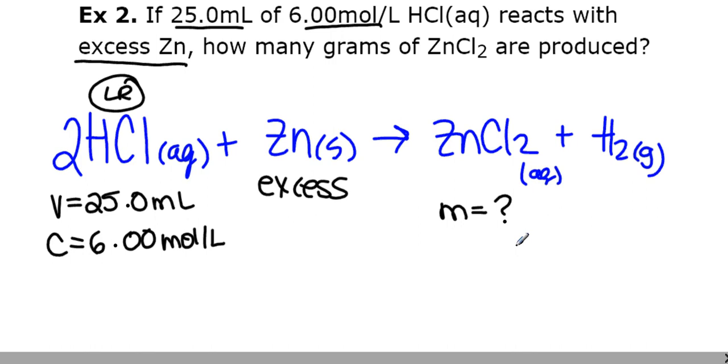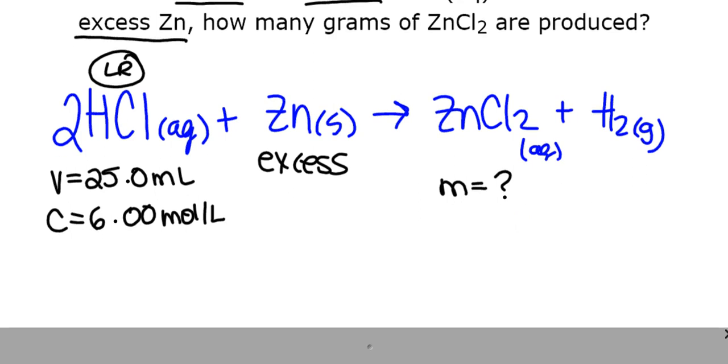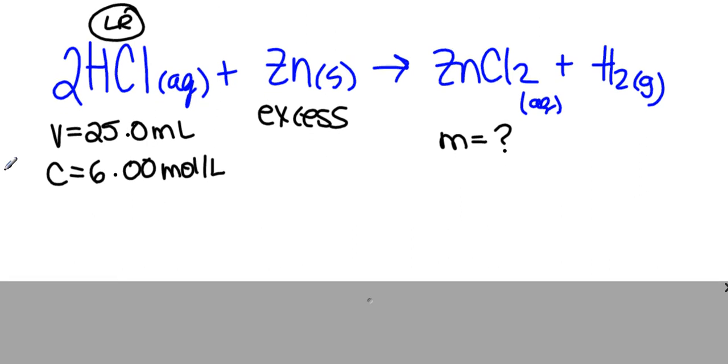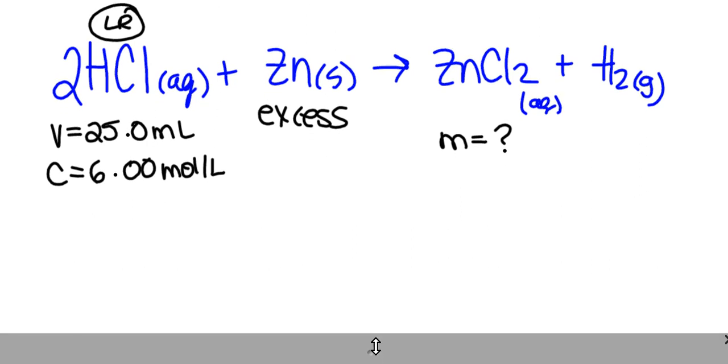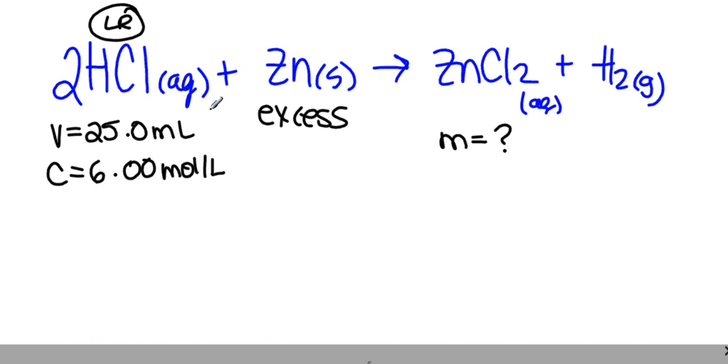So when we look at a question like this, you'll probably notice right away there are some similarities to unit number 3. We have information about a reactant. We're trying to find out information about a product. Even though the information starts out a little bit different with volume and concentration, the steps are going to be very similar to the stoichiometry problems you saw before. You have to go back to your mole roadmap, except this time it's going to start off with volume and concentration instead of a mass.